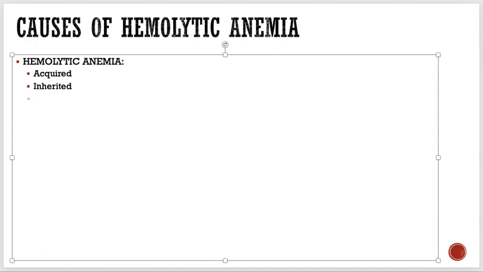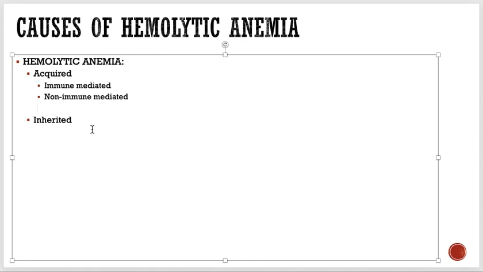Inherited means someone took it from the genes or at birth. Now, whenever it is acquired, the destruction can be immune mediated, like the immunity is playing a role in destroying the RBCs, and it could be non-immune mediated, in which immunity is not playing a role.